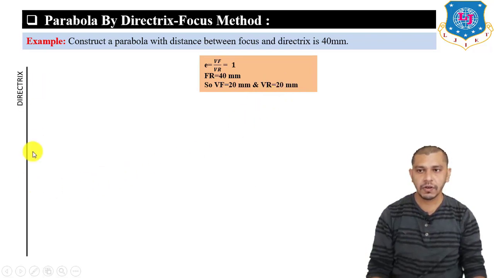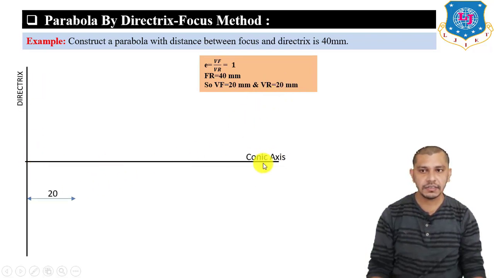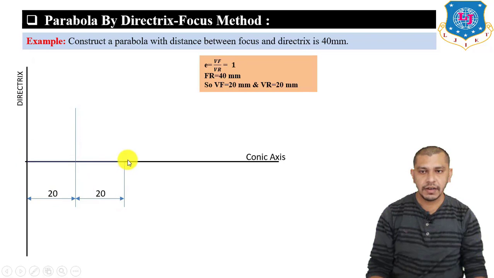So now first of all draw the directrix, then the conic axis, and from the directrix at a distance of 20 mm and 20 mm mark the vertex point, focus point and R. Right now the distance of the vertex from the directrix will be 20 mm and the distance of the focus from the vertex point will be 20 mm.